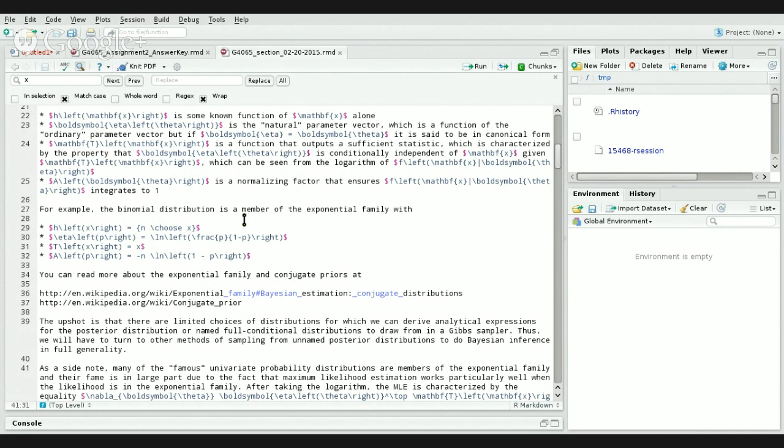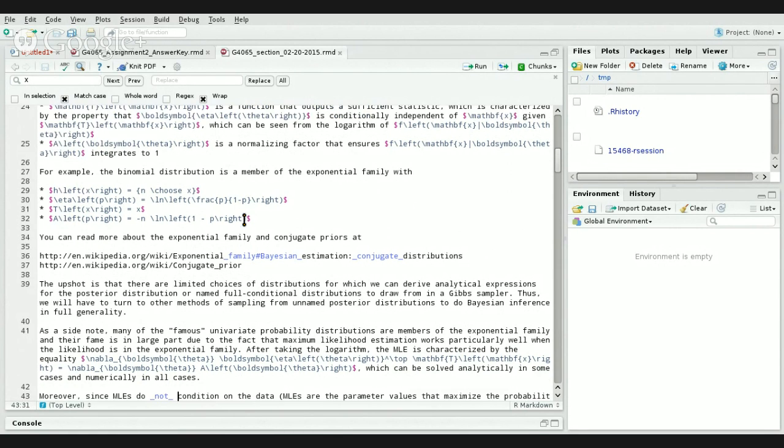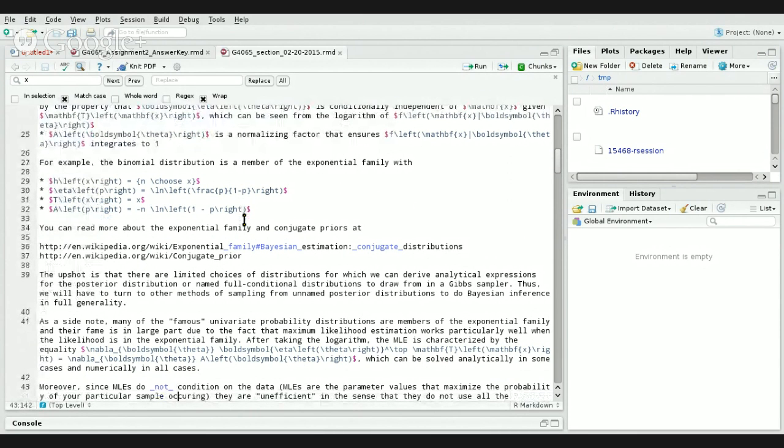But another important point is that these distributions in the exponential family are the ones that you're most likely to have heard of, and they're also the ones that are most amenable to calculating a maximum likelihood estimator. And so they're used, or perhaps overused, by frequentists a lot.